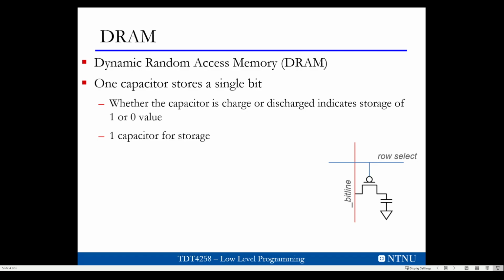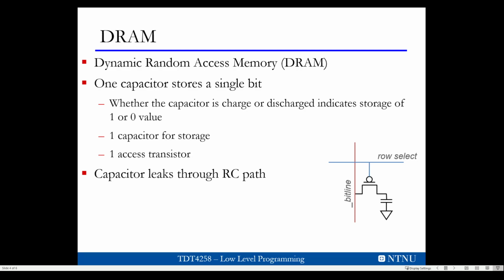So you see, instead of using 4 transistors, now we use only one capacitor to store a single bit. So we probably need less area to store a value in DRAM. And also, instead of using 2 access transistors, we need just one access transistor in DRAM.